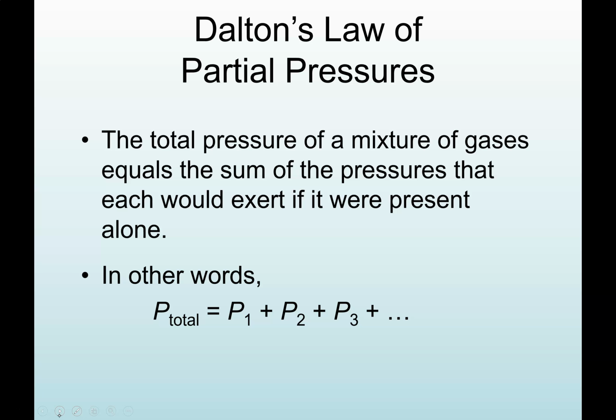So for instance, if I'm talking about the mixture that is air, the pressure of air would be equal to the pressure of the O2 plus the pressure of the N2, plus the pressure of maybe the helium gas, plus the pressure of the argon gas, etc. There are lots of different gases in our atmosphere, but if we add all of them together, we get the total pressure.